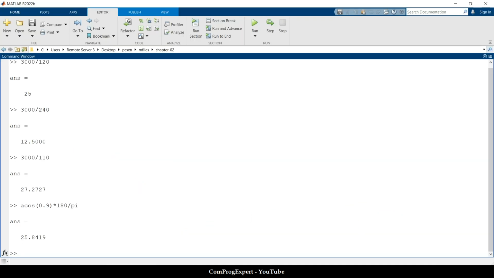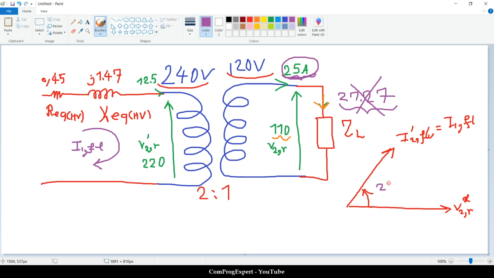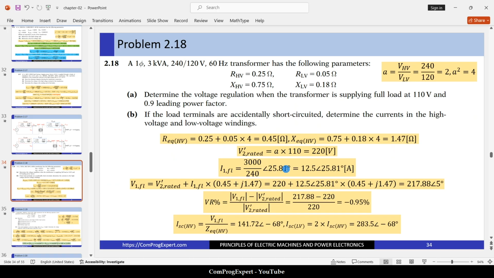So we have this angle 25.8. What is the amplitude? We calculated it here, 12.5, the amplitude. So how can we calculate the V1 full load?